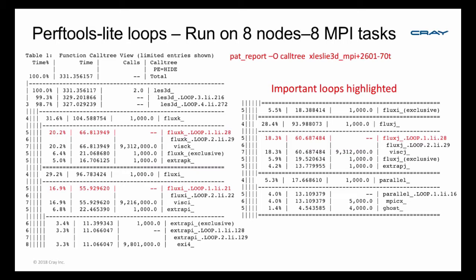So I absolutely love this report. This is, I think, the most important report when you start analyzing a code to thread on KNL or on any of the Xeons, and as we can see when you move to accelerators.